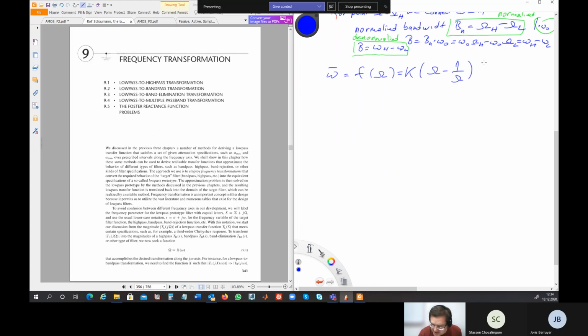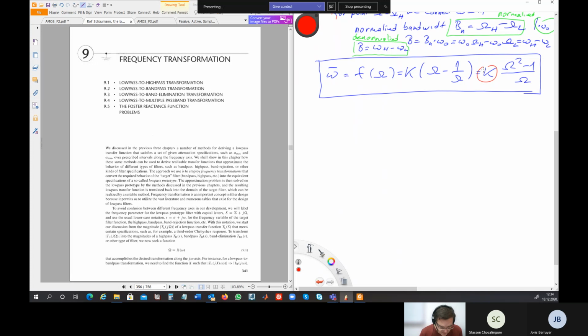So our frequency transformation must look like this, or we can write k times omega square minus 1 over omega. Okay. Now we must find what is k.